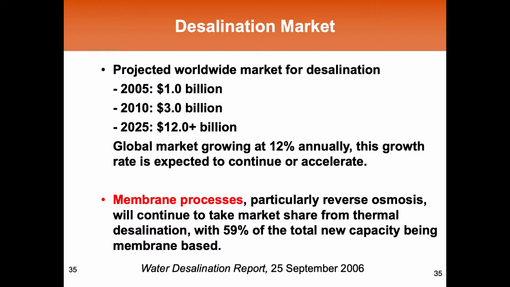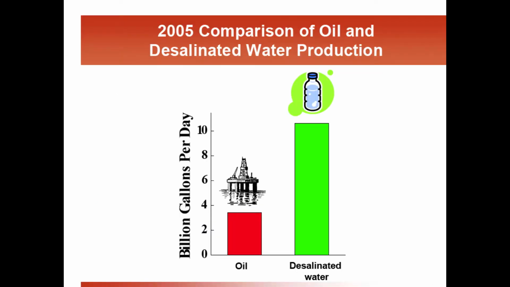This is a little more marketing about the size of the desalination membrane market. Membrane processes for desalination are taking a large part of this market today due to their energy efficiency relative to conventional technologies. To give you some idea about the size of this market, I like to think about it this way.